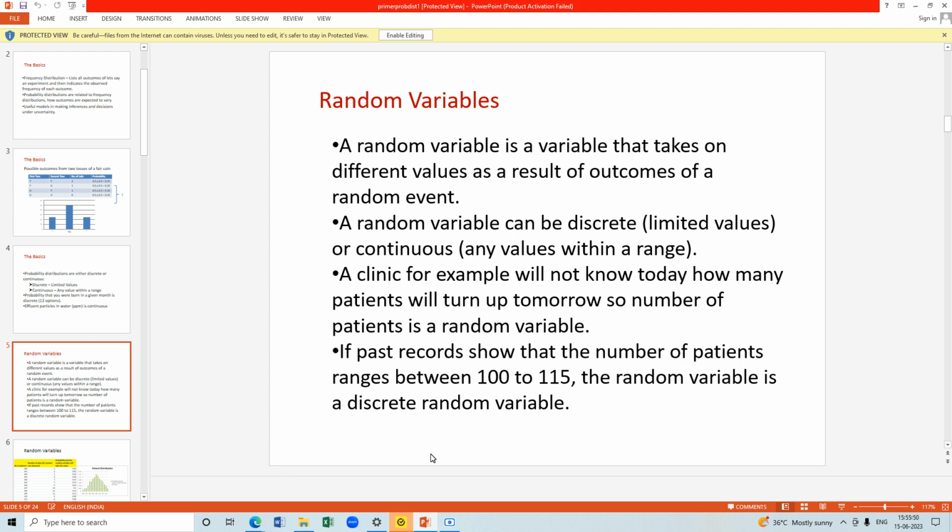It can turn out to be very high because there is a virus or flu around in town, or very low because a sudden thunderstorm comes the next day. The past records show that the number of patients can range between 100 and 115. So this random variable is discrete, which means it can take a fixed value between 100 and 115.